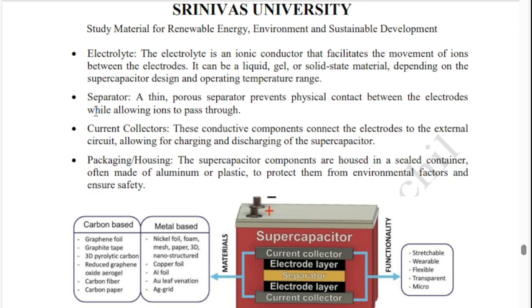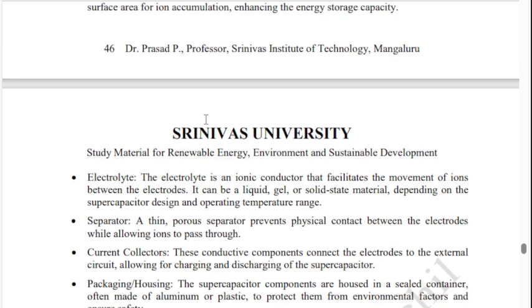Third one, that is the separator. A separator is a thin porous separator which prevents the physical contact between the electrodes while allowing the ions to pass through. Okay, we said that there are two electrodes, these plus and minus signs, and inside this connection will be the electrodes. There will be metal rods inside that. Okay, not metal rods.